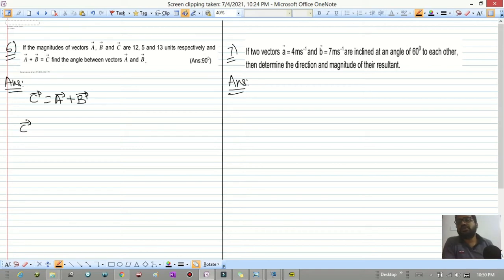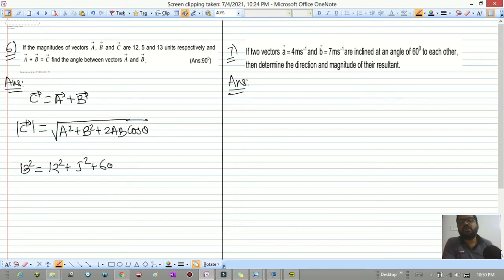So C bar magnitude will be equal to root of A squared plus B squared plus 2AB cos theta. So what is C squared over here? 13 squared is equal to what is A squared? 12 squared plus 5 squared plus 12 into 5, 60 into 2 cos theta.